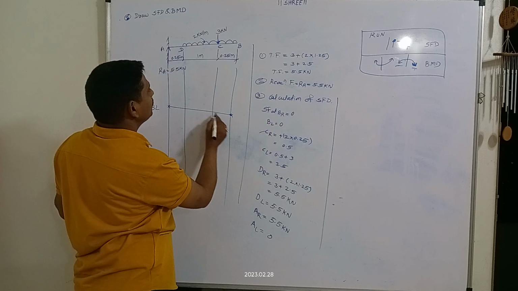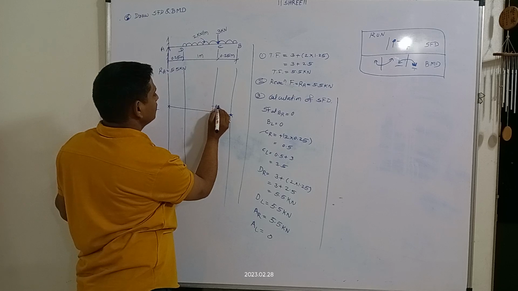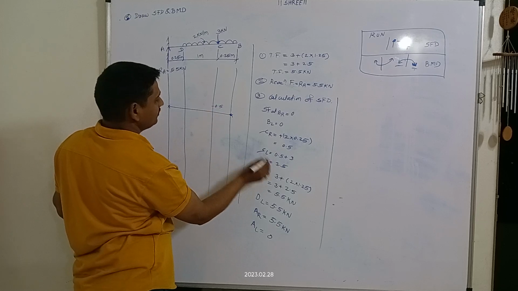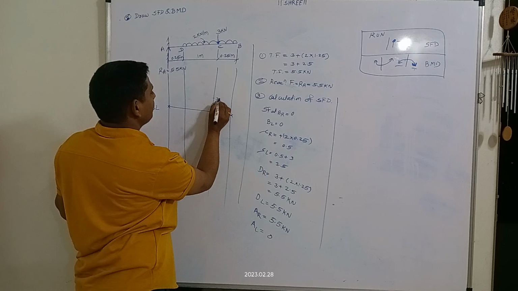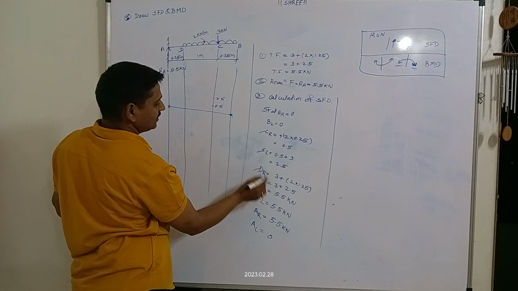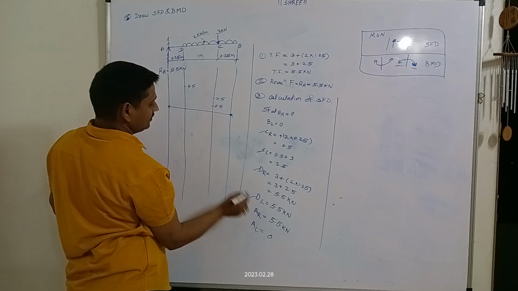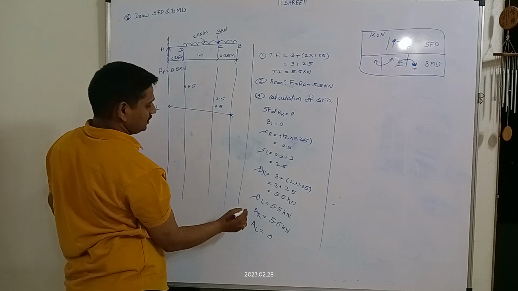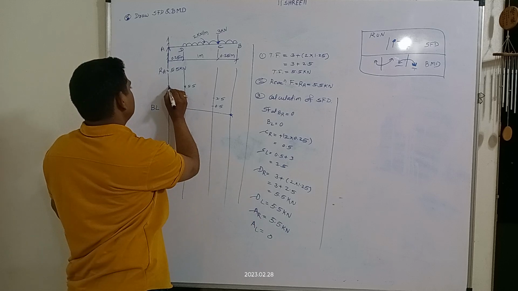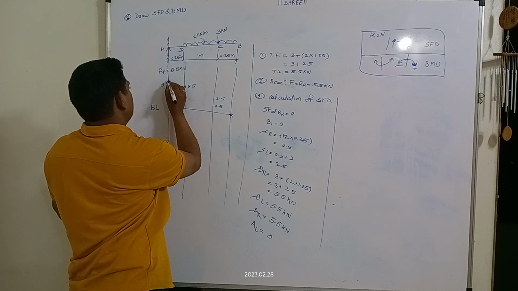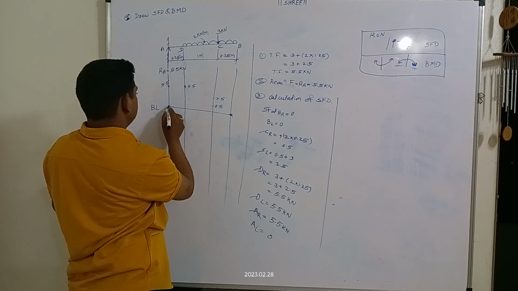C right is 0.5, means here. C left is 3.5, means here. After that D right is 5.5, D left is 5.5, A right is 5.5, and the last, A left, is 0.